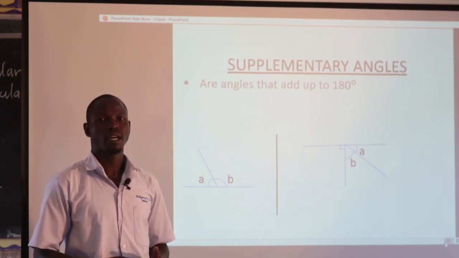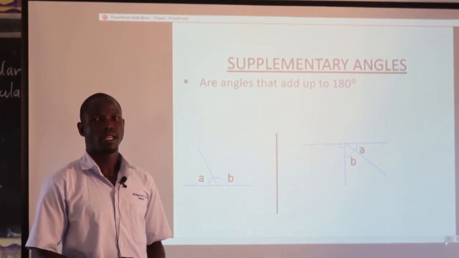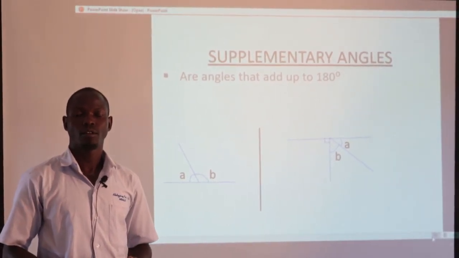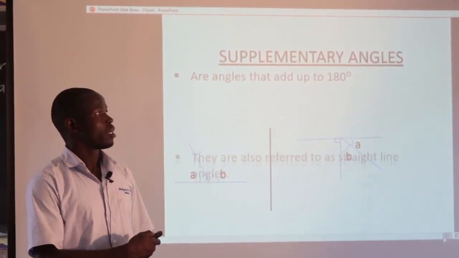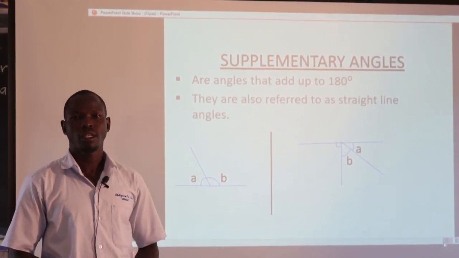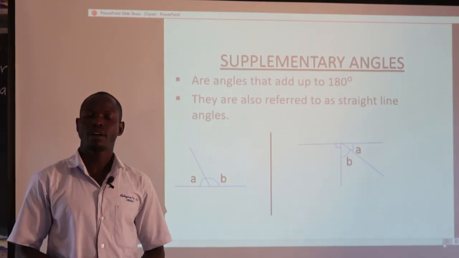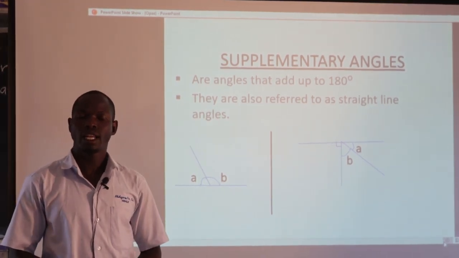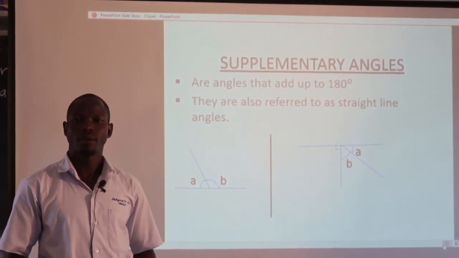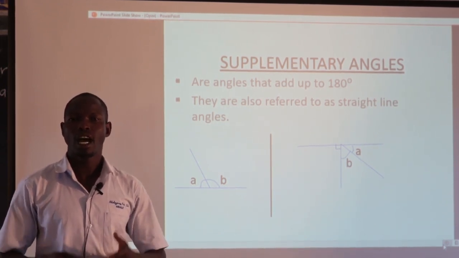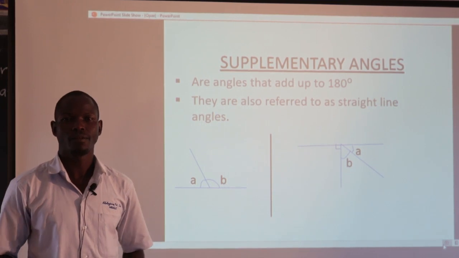The only difference is in the sum. The sum of supplementary angles doubles the sum of complementary angles. As you can see on our screen, they are also referred to as straight line angles. Angles that are supplementary are angles on a straight line.